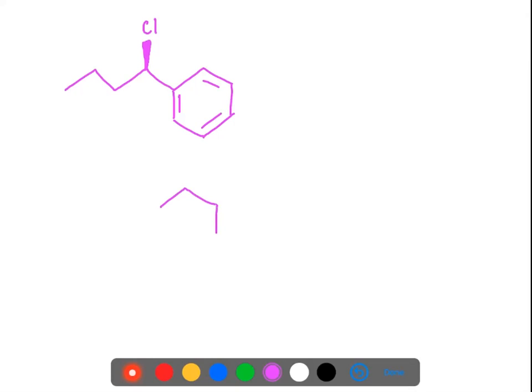So let's draw the cis and trans isomers of this particular E2 product. So we have our phenyl ring, not involved in the reaction, and we will form an alkene at this location. And so what I've drawn is the trans.